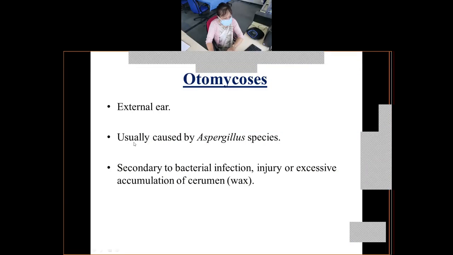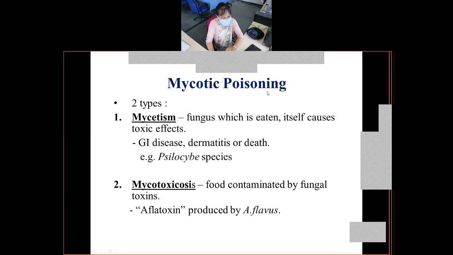Then otomycosis, this can be from the external ear, most often caused by Aspergillus. Then mycetism, or mushroom poisoning. I think most of you like to eat mushroom. Be very careful, because you would have read in newspapers that people are dying because of eating mushrooms. So this is what happens.